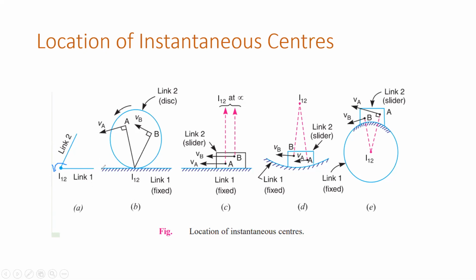Next case: you see one horizontal surface and one coin. This coin is rolling on the surface. Can you tell me about which point this coin is turning with respect to link 1? Where is the turning point?